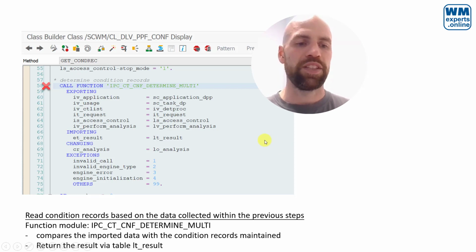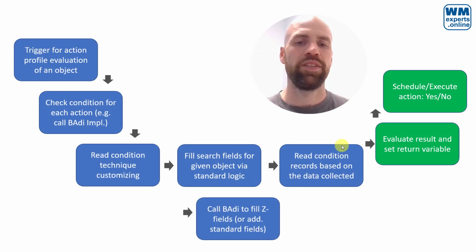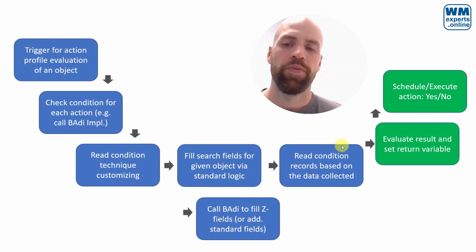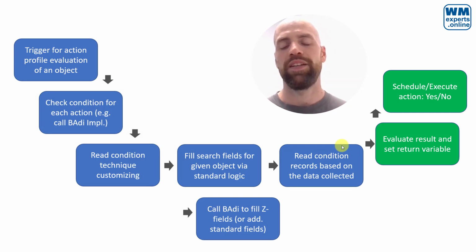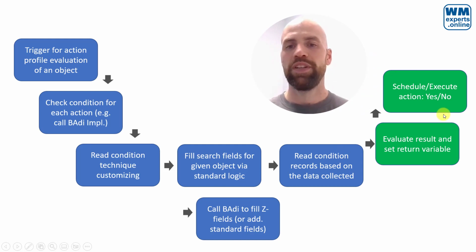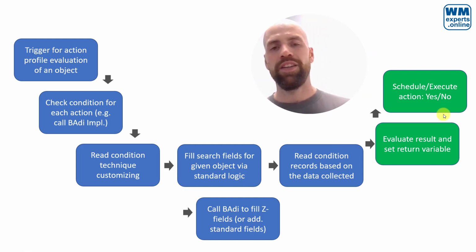This returns one table, LT result, and this table holds the data about the condition records, and based on this table we can then set the return variables that I mentioned before to either schedule the action or not.